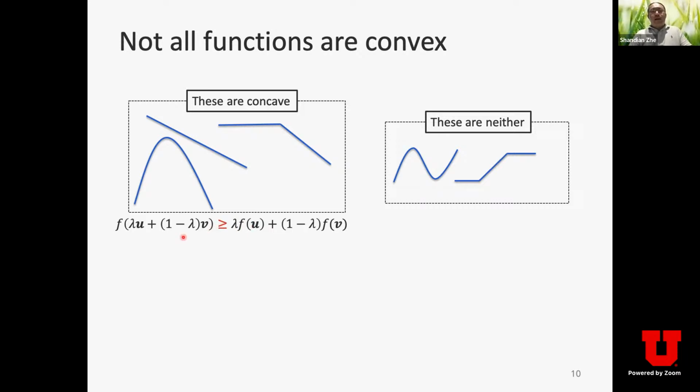But here I want to emphasize that convex and concave functions are a really tiny subset of all possible functions. In practice, most functions are neither convex nor concave, like this guy and this guy. But we can see that locally they might be convex, they might be concave. Those are very important in optimization theory, especially if you want to show some convergence, like local minimum convergence.